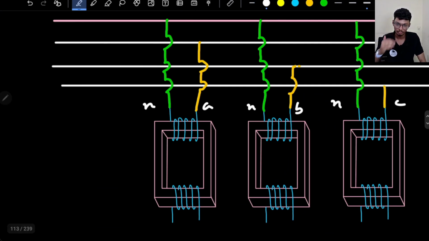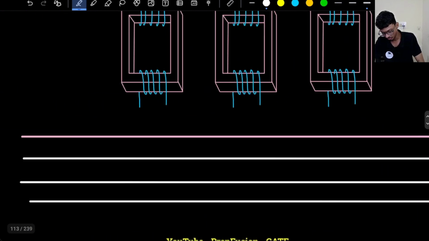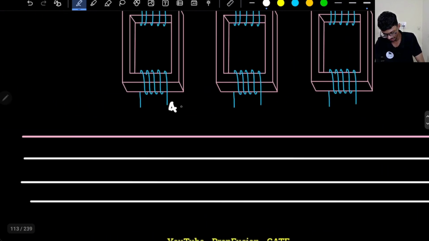What about here? Here again the same thing. So this will be the capital A. Why capital A? Because the assumption is, as I will tell you later as we move along, that whenever I write capital, it means it is on the high voltage winding. So capital B, and capital C. Now we have neutral connected here, here, and here.